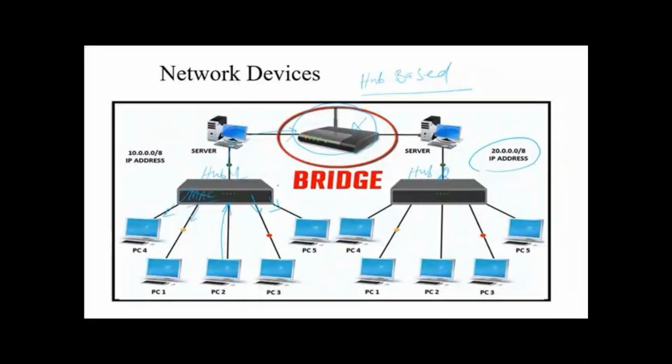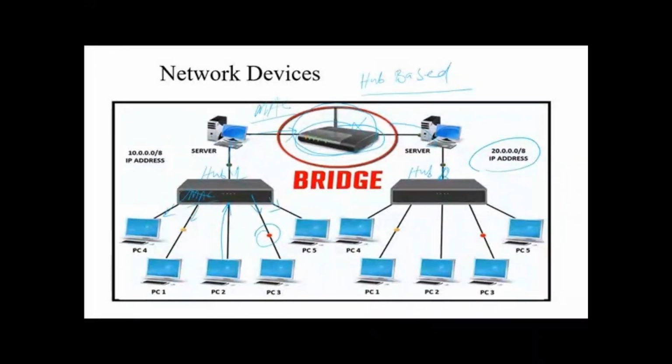Maybe a computer is located here on this side, but as the functionality of a hub is such, it may send the data towards this side if we don't have any bridge. Once the data comes to the bridge, it filters it out, it checks whether this packet will be sent towards this side or not. Once this packet or message reaches the bridge, it checks the MAC address of the computer.